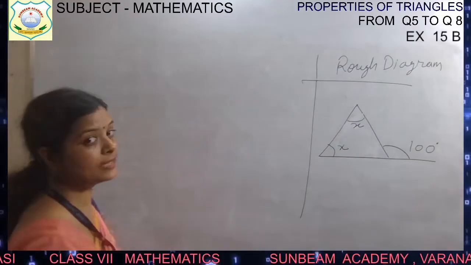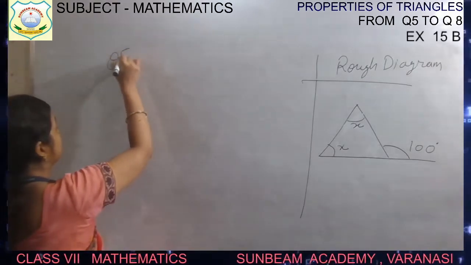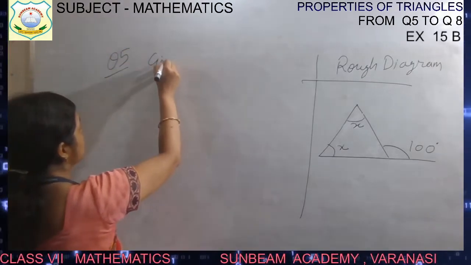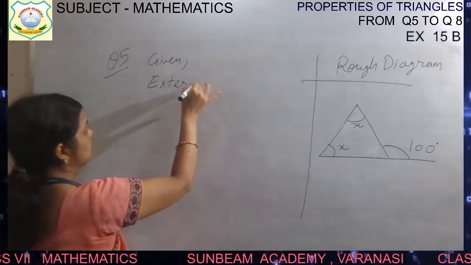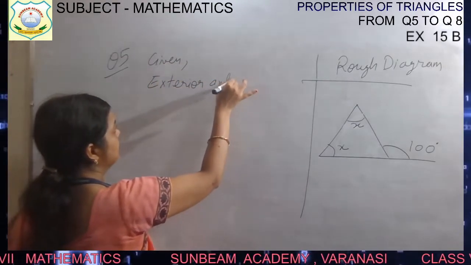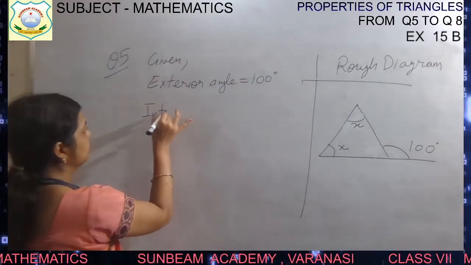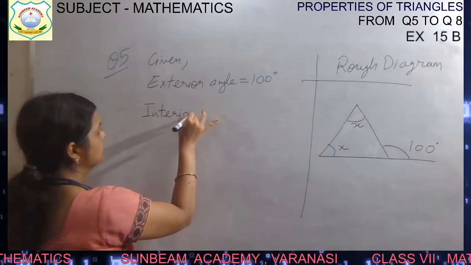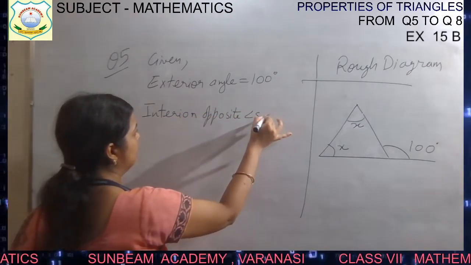So by using the exterior angle property of triangle, this is question number 5, children. You can write it also, what is given? Given: exterior angle is equal to 100 degree and interior opposite angles are equal.